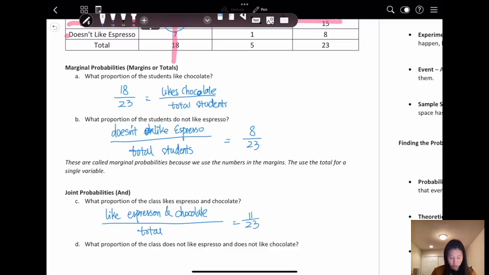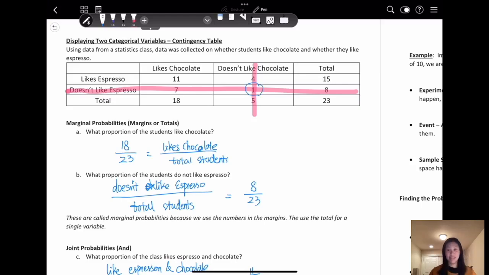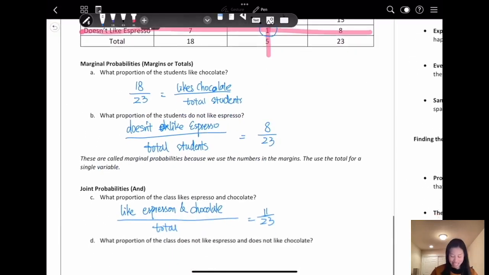And the next question is, what is the proportion of the class who doesn't like espresso and doesn't like chocolate? Okay, let's find out. Doesn't like espresso and doesn't like chocolate. Oh, only one. Not surprised, right?